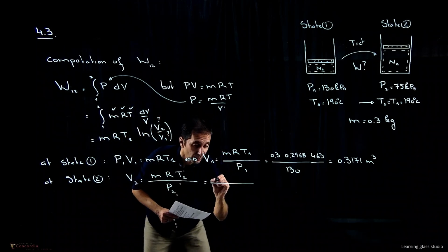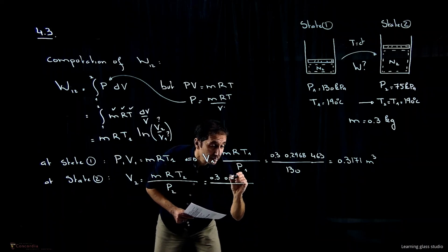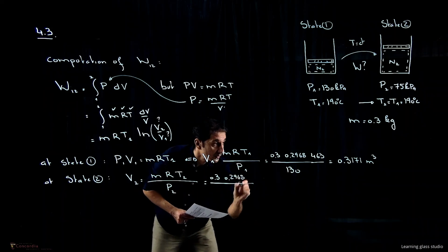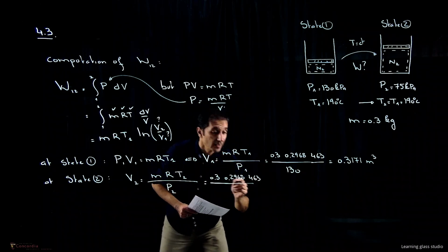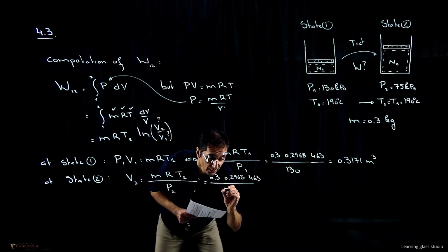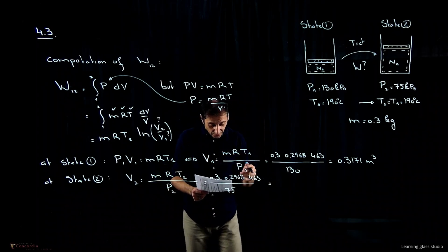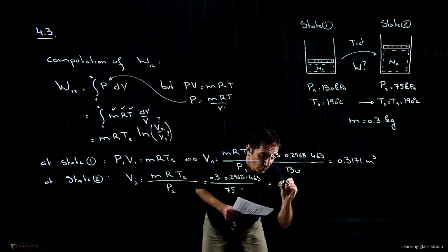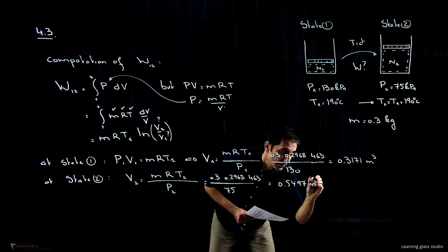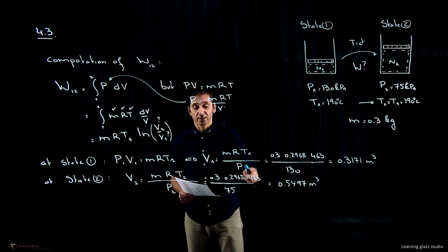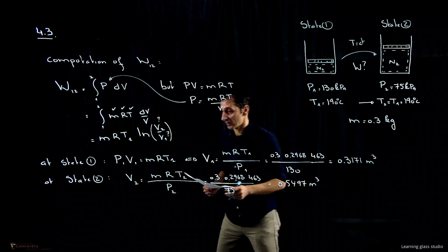So same thing, we have 0.3, 0.2968, times the temperature, which is 463. Now the pressure P2 is lower, it is 75 kilopascals. So this will give us a value of 0.5497 cubic meters. V2 is higher than V1. It makes sense. We have an expansion process.